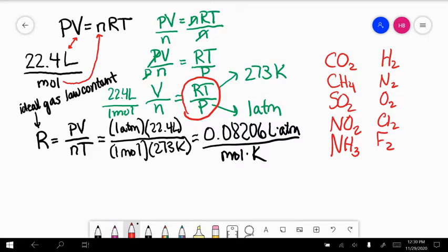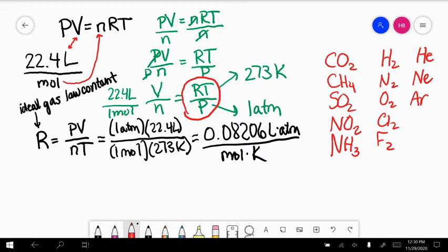You could list off any number of gases, also our noble gases. Any gas, it doesn't matter. In order to be in the same room or the same container, these gases would have to be at the same conditions. All of these gases would have the same volume.